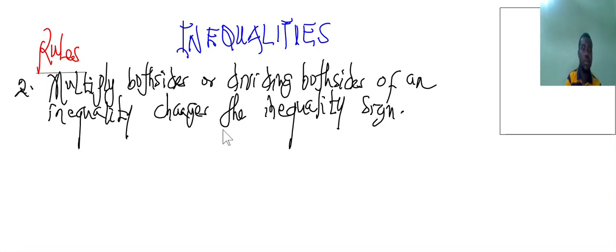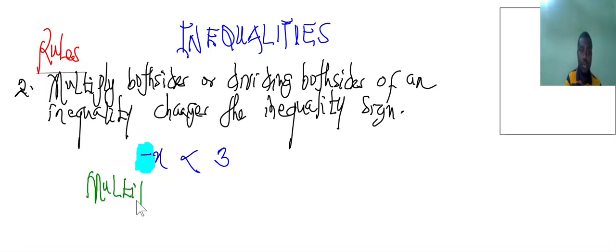Let's say we have negative x less than 3, and we need to get a value for x, so we need to get rid of this negative sign, and we multiply both sides by -1.